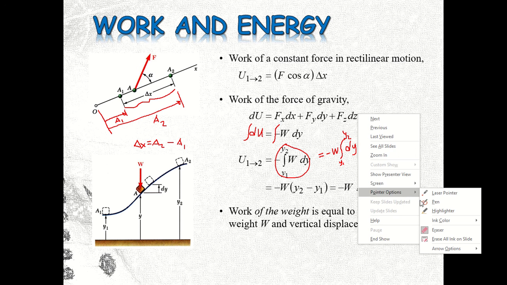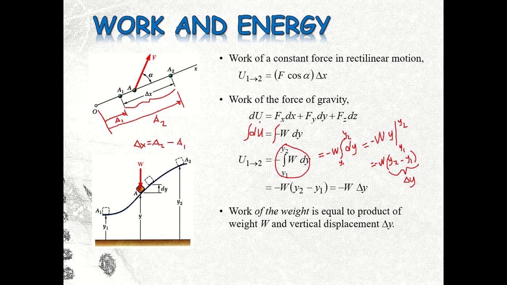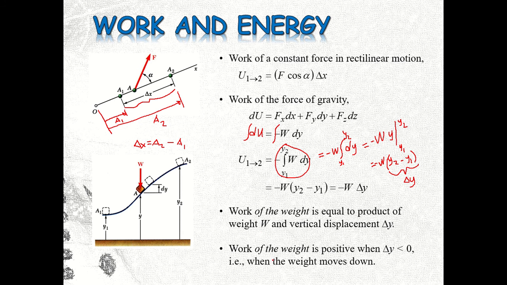And as I mentioned a while ago about the negative, the work of the weight is positive when delta Y is less than zero. What does less than zero mean? Less than zero means negative. When our delta Y is negative, it means that the weight moves down.